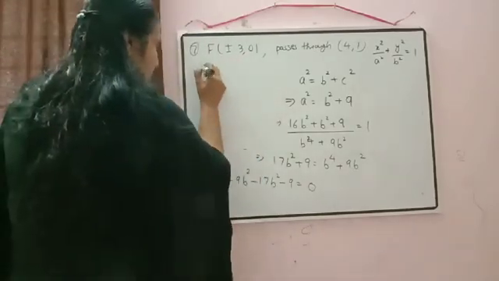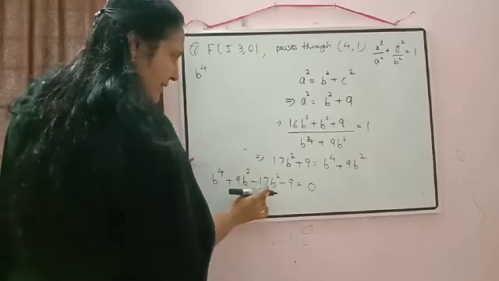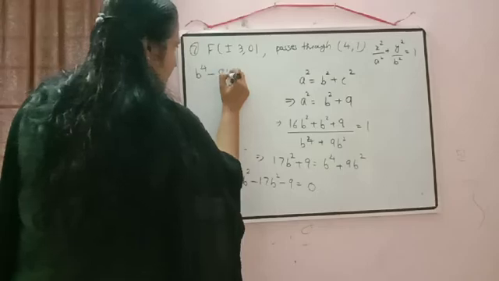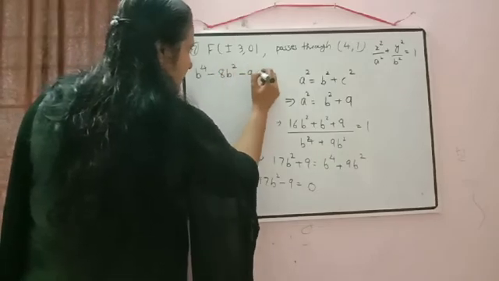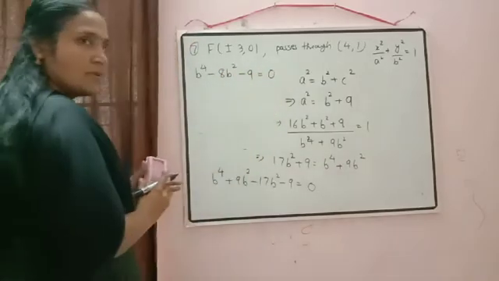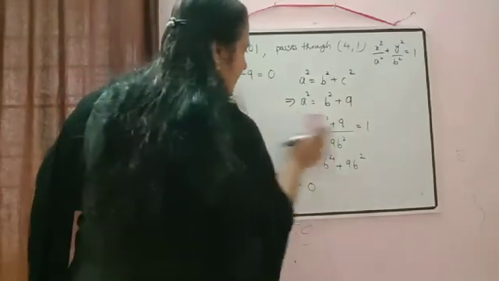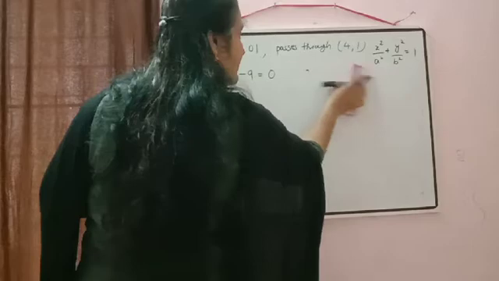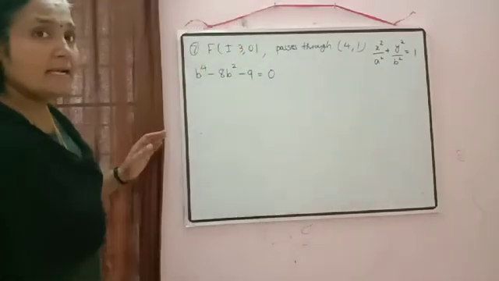So b raised to 4, 9 minus 17, 17 minus 9 will be equal to 8. So here we will get b raised to 4 minus 8b square minus 9 is equal to 0. Now here we have to simplify it. How will we simplify? We will use the concept of splitting the middle term.